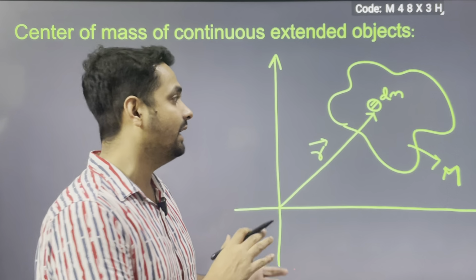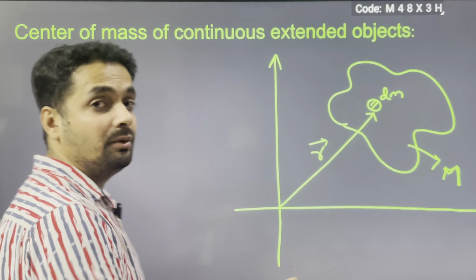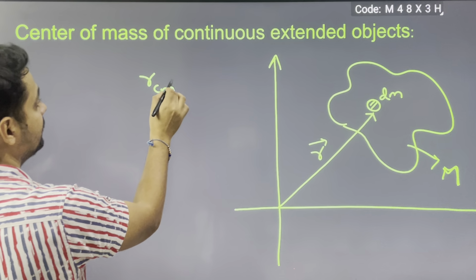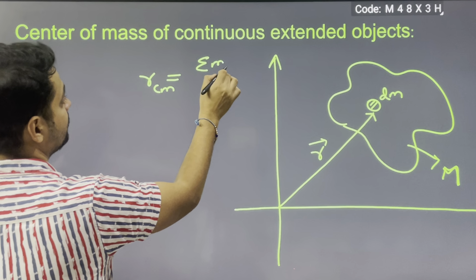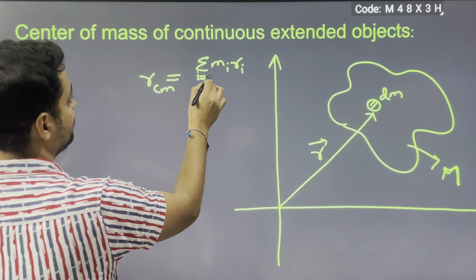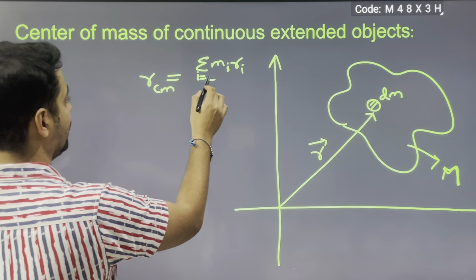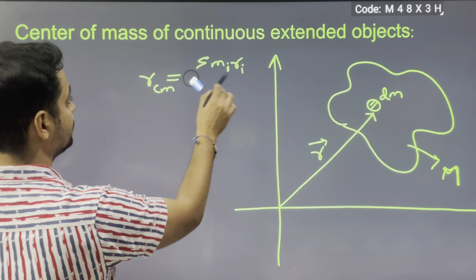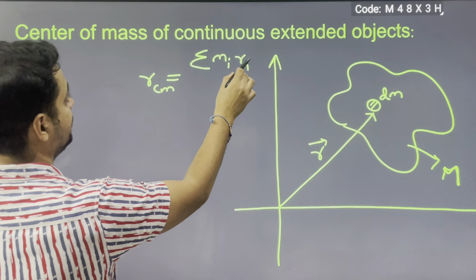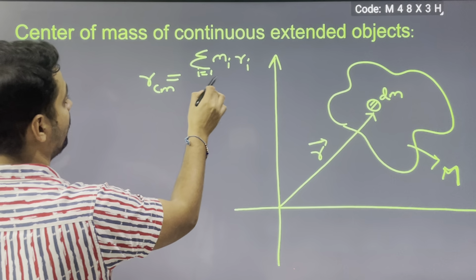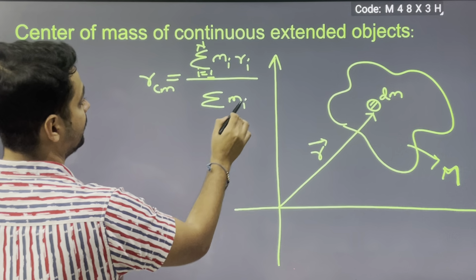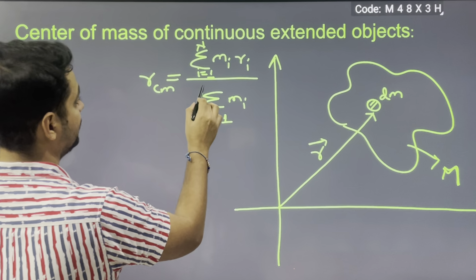Now I will find its center of mass. Before that, we should understand that whenever we were finding the center of mass of different particles in a system, we used the formula: r center of mass equals the sum of mi ri, with i changing from 1 to n, divided by the sum of the masses mi, with i from 1 to n, correct?